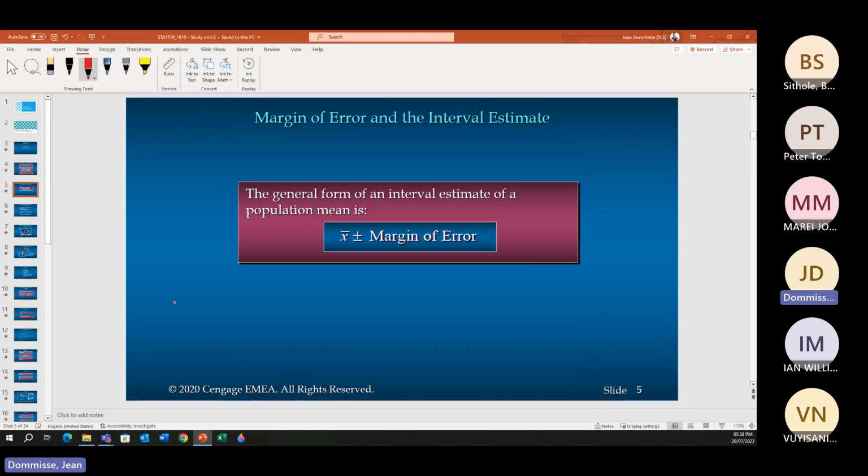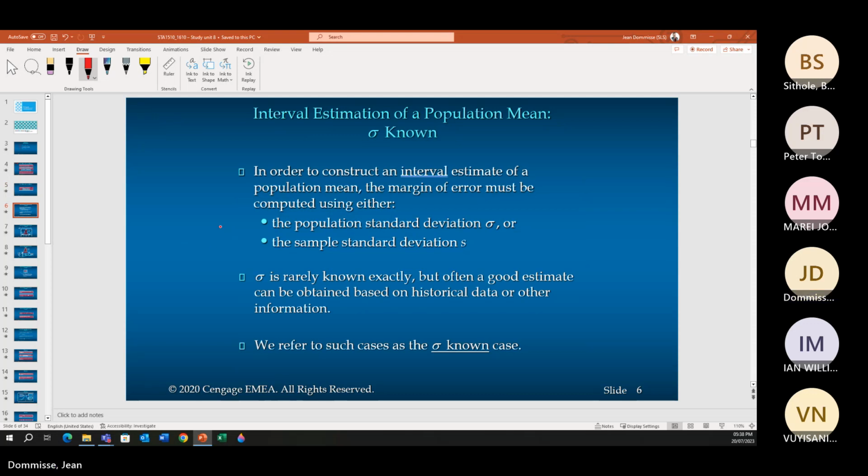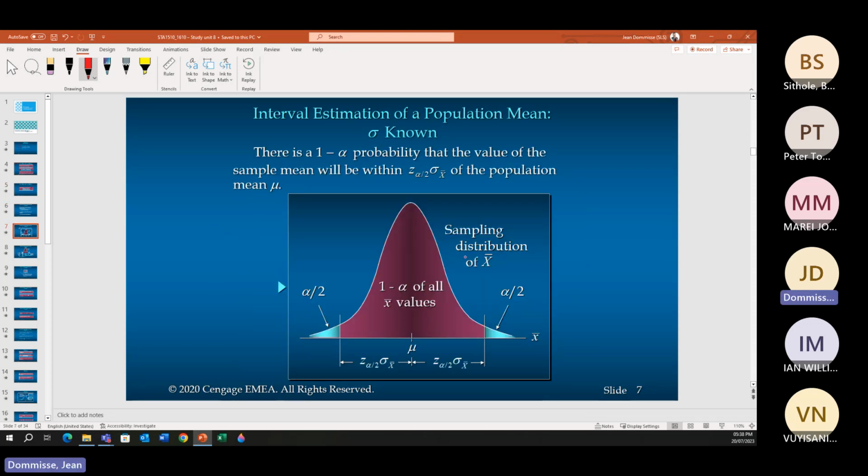Now, when we know what the population mean is, you will remember this diagram from study unit 6, where we know the mean is in the middle. What we will also learn in this study unit is that there might be references to a one-tail or a two-tail.